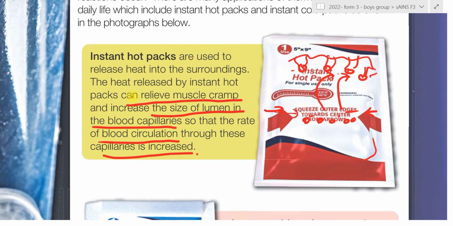What they're trying to tell is, whenever you have a muscle cramp, your blood capillary sometimes is squeezed inside and becomes smaller. So when you put the hot pack onto the capillary, it will dilate, become big or normal size again, allowing more blood to flow, immediately relieving you from the muscle cramp.